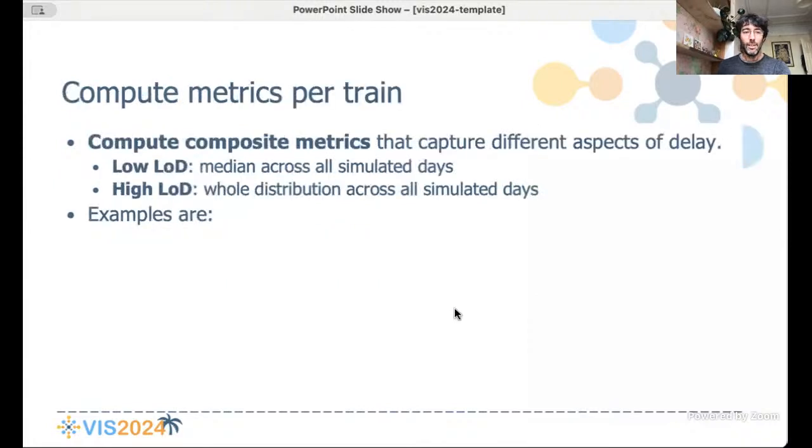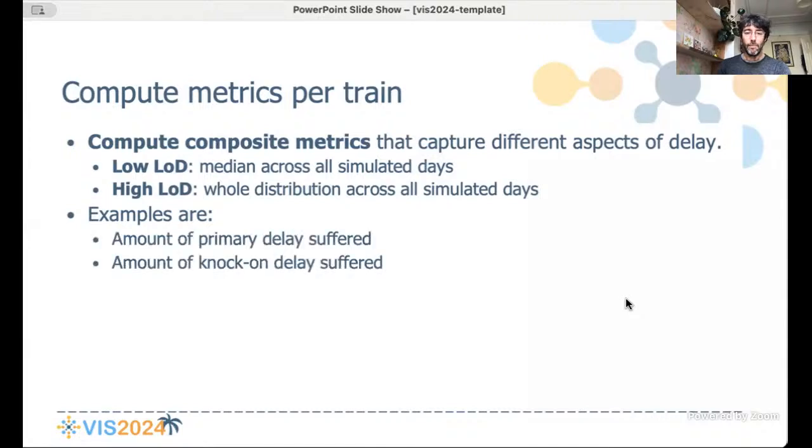With all this data, we can summarize it in different ways. For this talk, we're going to summarize them by train. For each train, we are computing composite metrics that capture different aspects of delay. Then we have our two levels of detail of chart. For the low level of detail, we just use the median across all the simulated days. For high levels of detail, we show the whole distribution across all simulated days.